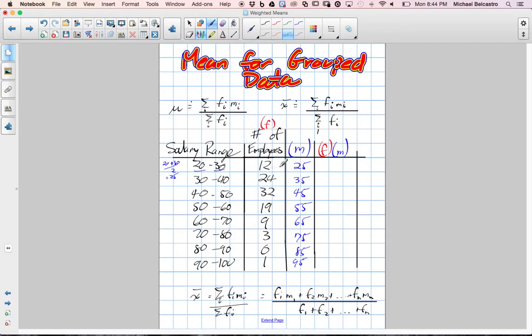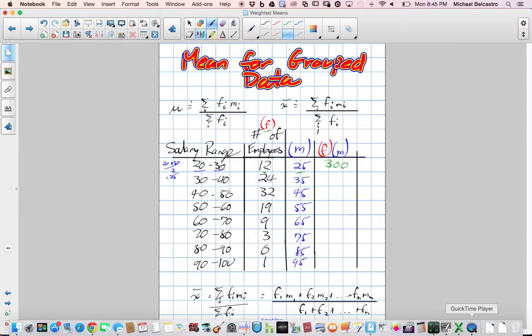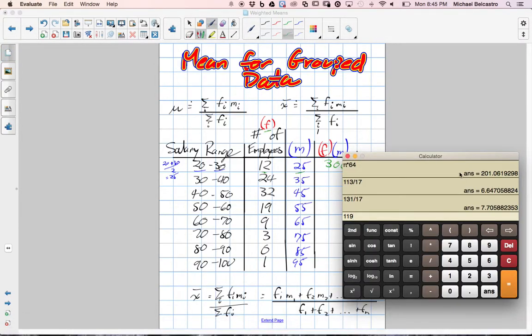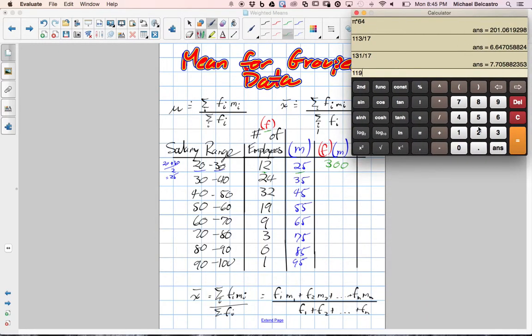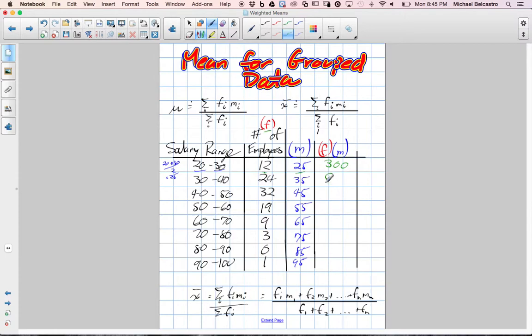This should be 12 times 25, but just double check for me. We're doing the frequency, that's our F, times our midpoint, 25. So that should be 300. I'm not going to be adept enough to do the next one. So 24 times 35. What did you get for this? 840, beautiful. Okay, 840.